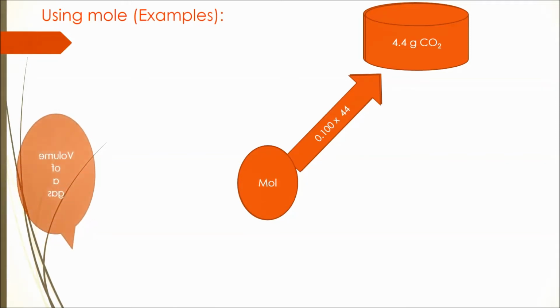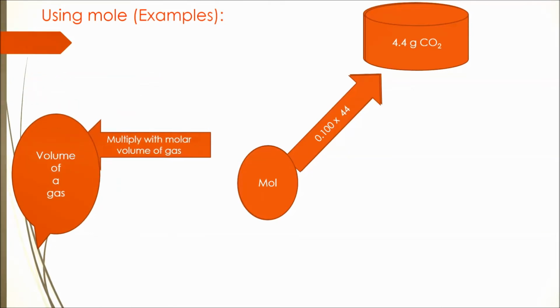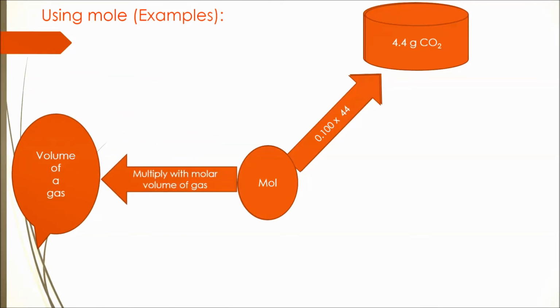Again, another mole to be converted into volume of a gas: we multiply this mole to convert it into respective volume. Let's start with 0.02 mole of nitrogen gas, and we multiply this with 24,000, which is the molar volume of gas, then we get 480 cm cube of nitrogen gas.